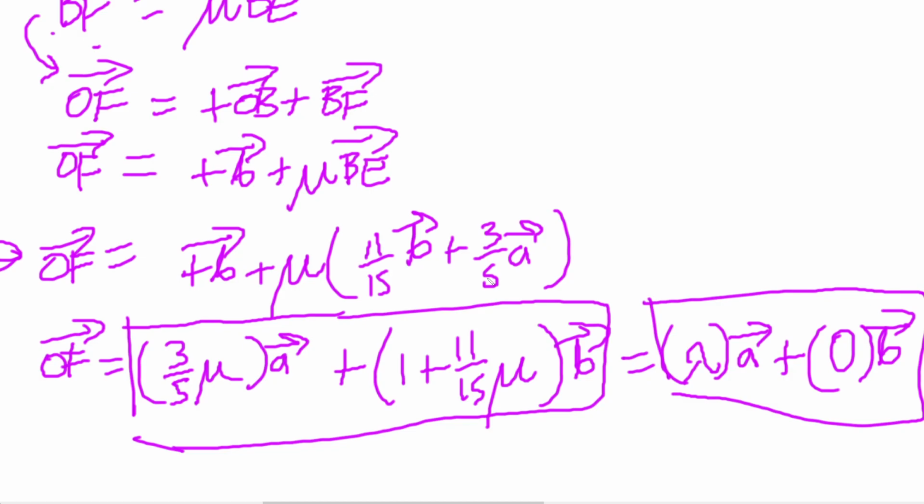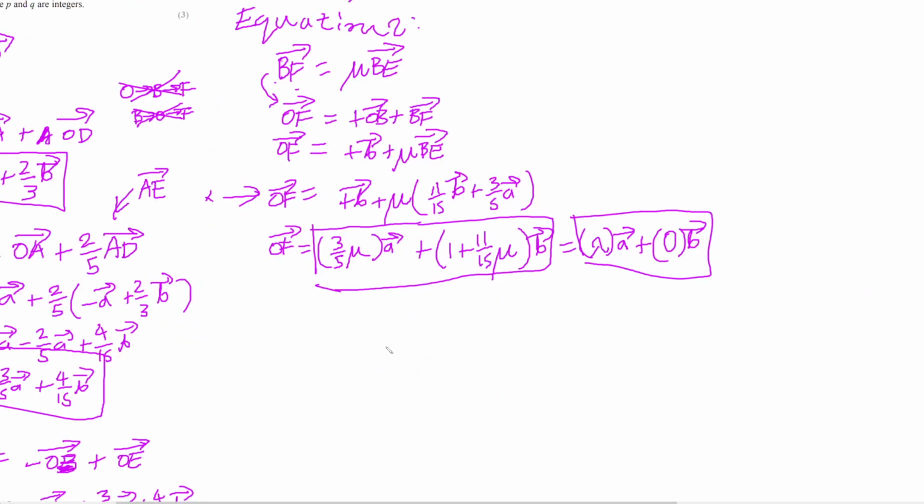Now let's talk about two-dimensional vectors for a second. So we know that A and B are not parallel.